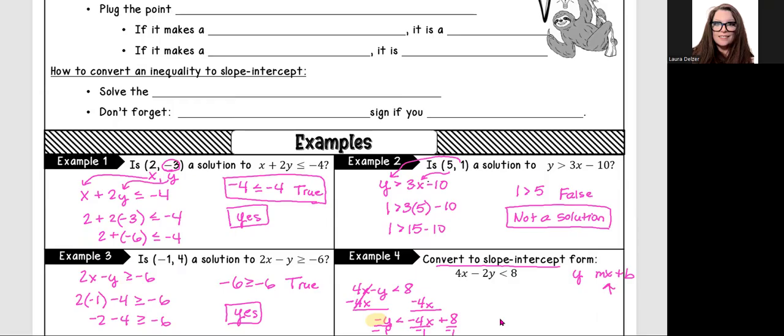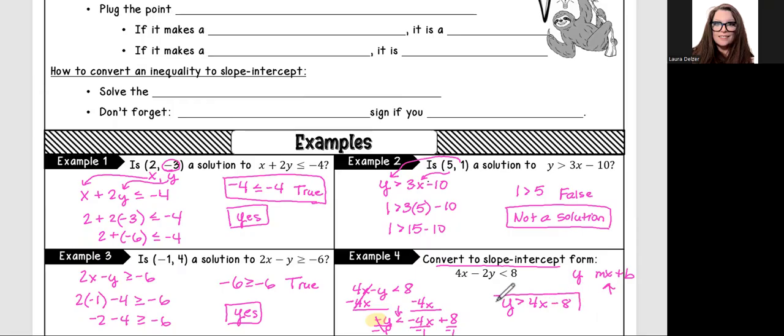All right. So we're going to divide by -1. And this negative is going to go away, but it's going to flip my sign. So my y, it's not going to be this sign anymore. We divided by a negative. It's going to go this way. -4 divided by -1 is 4x. +8 divided by -1 is -8.